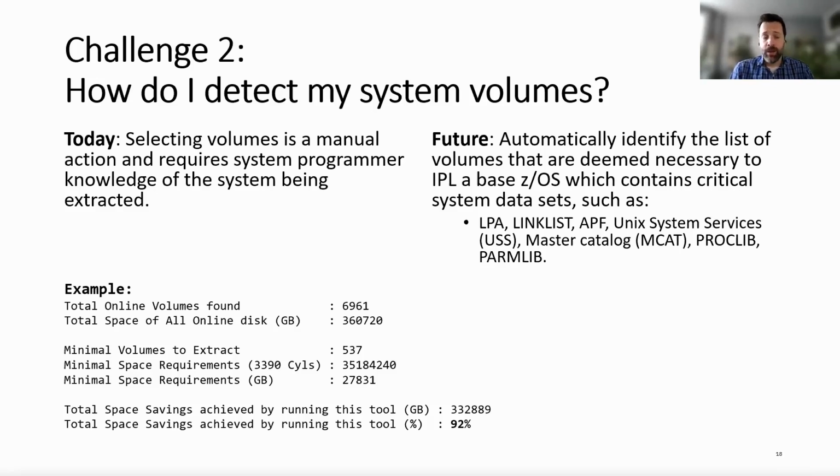Now, what I've got in the bottom left-hand corner is an example from a real client who had exactly this problem. They have a very, very, very large machine, as you can see here. There are many terabytes of data, many volumes, and they basically said, look, we've got a lot. We have a good idea of what's needed, but we need some help to figure out what the minimum content is that we need to bring over.